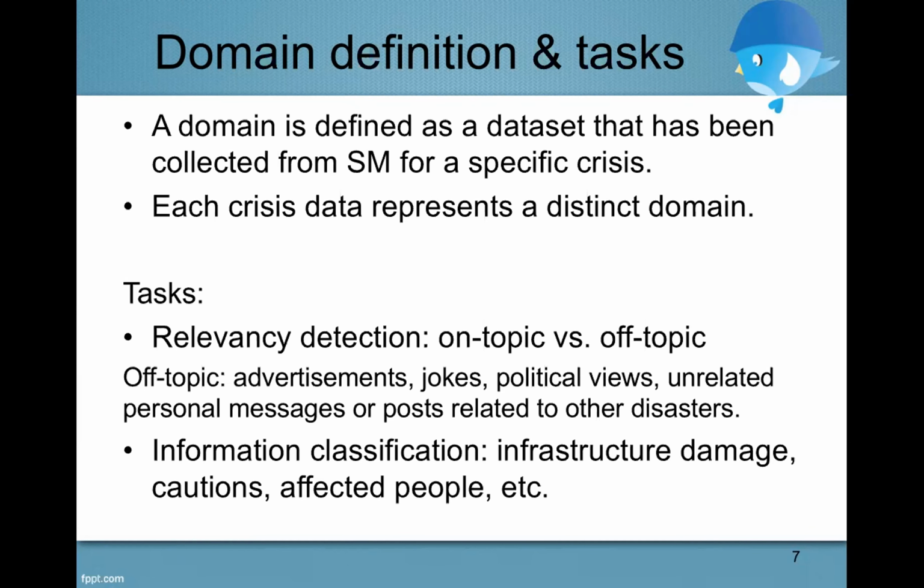The first step should be to filter out all irrelevant messages, and the other one is to take the relevant messages and classify them into different information types, to support the humanitarian efforts and the crisis responders, etc. So the final purpose is to say this tweet is about infrastructure. And by the way, the second task is multi-label. A tweet can have different labels; it could discuss two topics.